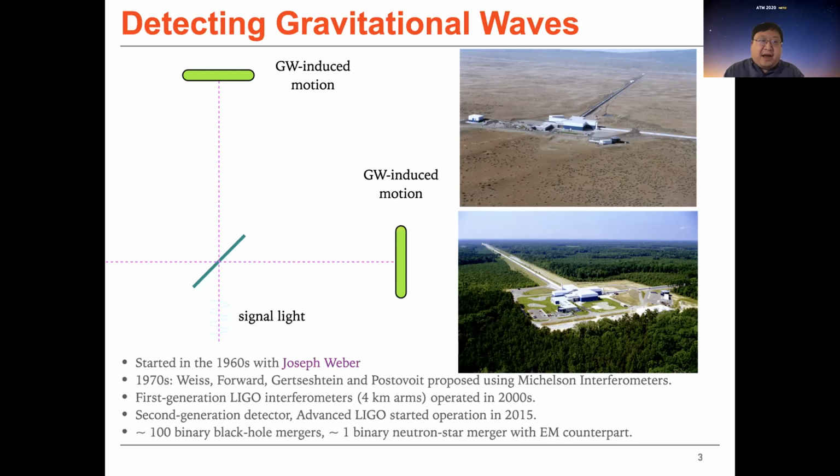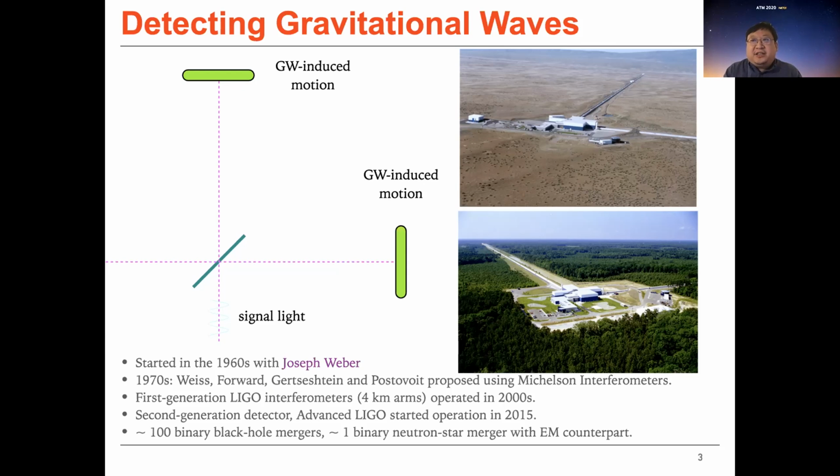In the past 5 or so years, we have detected around 100 pairs of merging black holes, and one neutron star binary merger that also had electromagnetic counterparts. There were a few more detections which involved neutron stars, but no electromagnetic counterpart was detected.